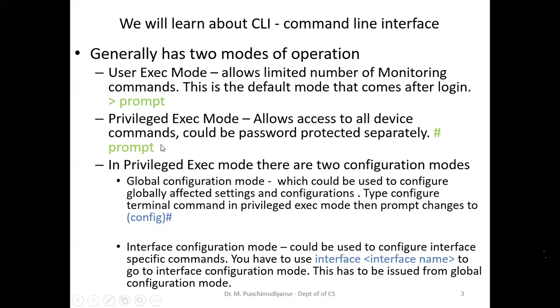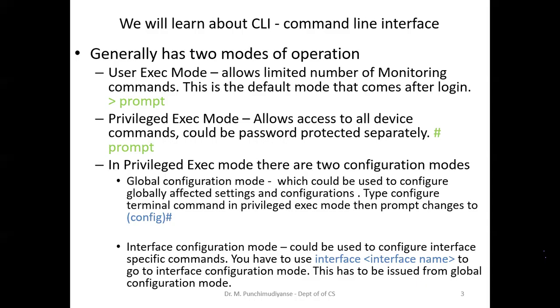When you go into that mode, the prompt changes to config within brackets with the hash sign. From this prompt, you know that you are in the global configuration mode. As the name says, it affects the entire switch.